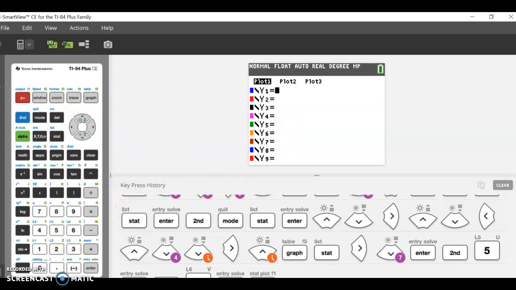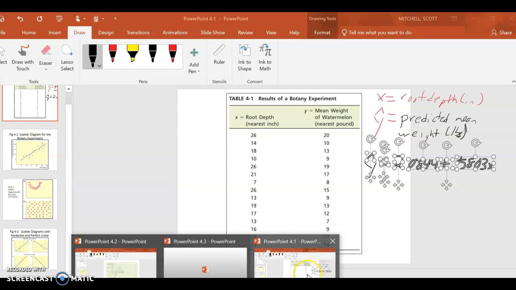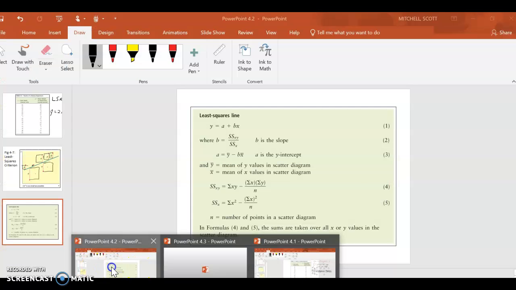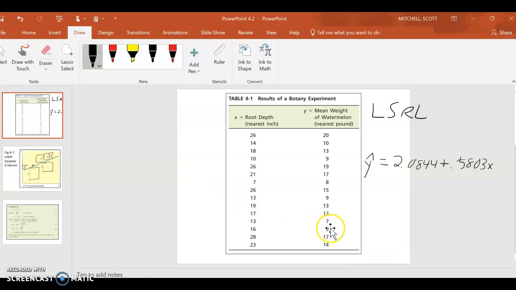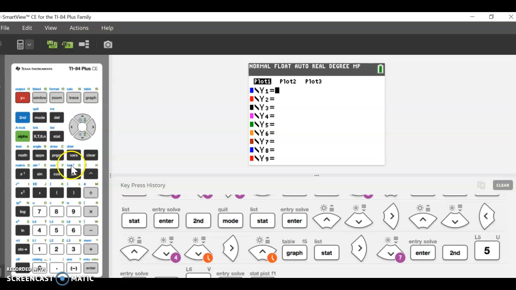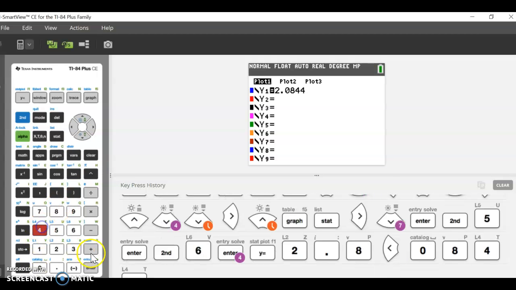So again, what was my line? 2.0844 plus 0.5803x. I think I got that right.